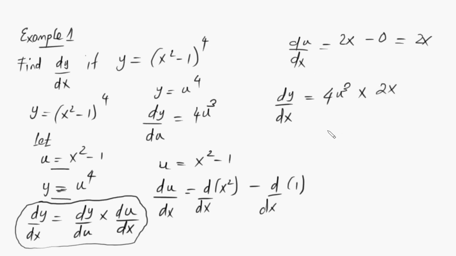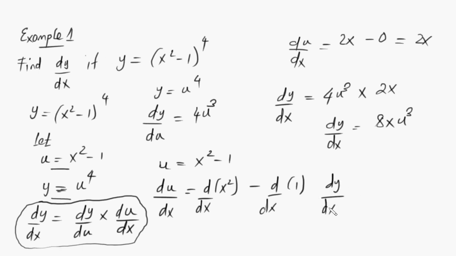So what's my answer? What do I get? I get dy dx is just equal to 4 times 2 is 8x u cube. What is u? We said u is x squared minus 1. So my final answer will be dy over dx equals 8x times (x squared minus 1) cubed. Sorry about that, nimeandika y kama u.